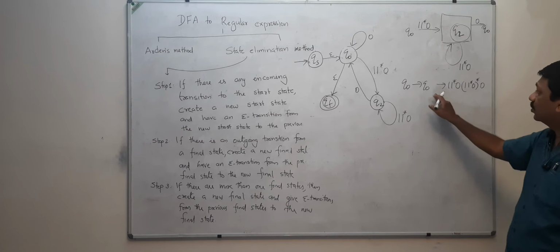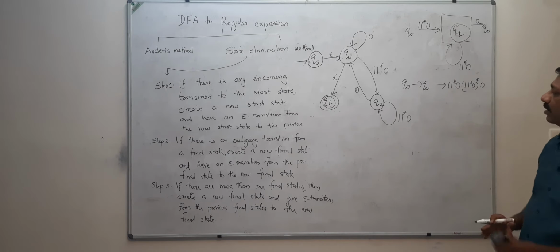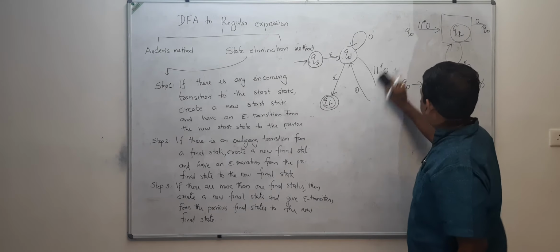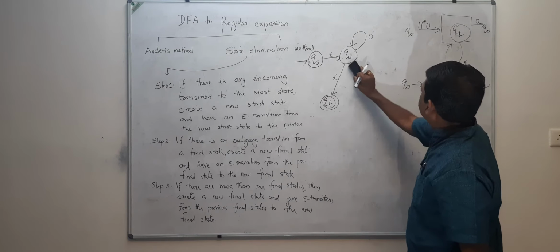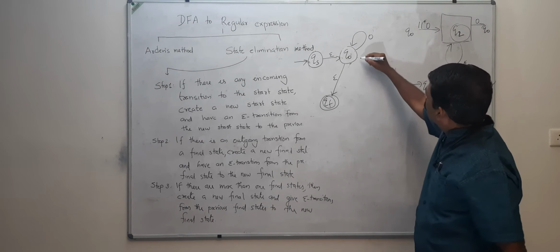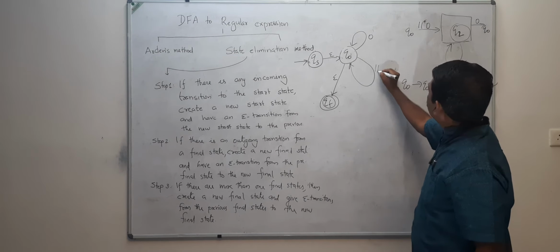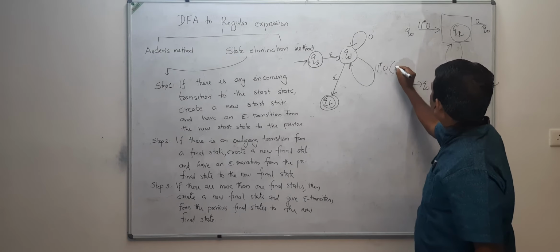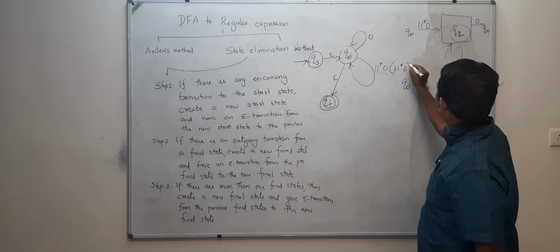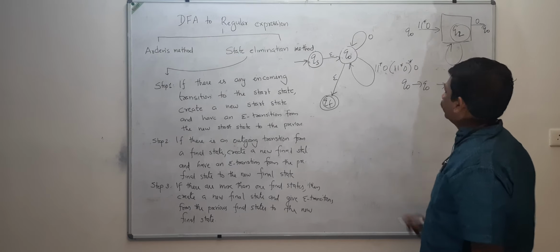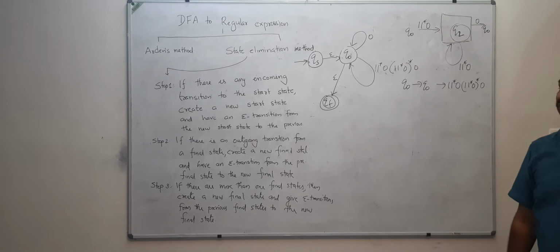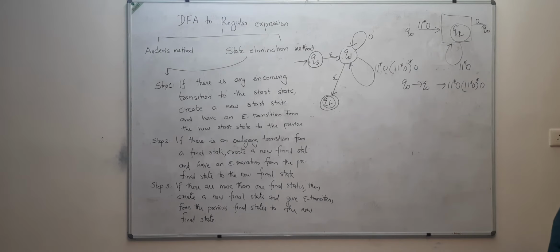And this is Q0 to Q0. There are no other paths you have to reinstate. That means from Q0 to Q0 you have a loop which is 1 star 0 followed by 1 star 0 star 0. Okay, 1 star 0 star 0.